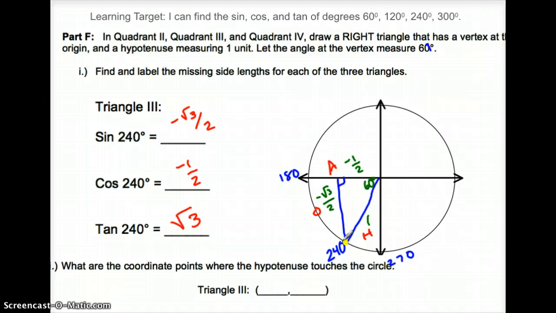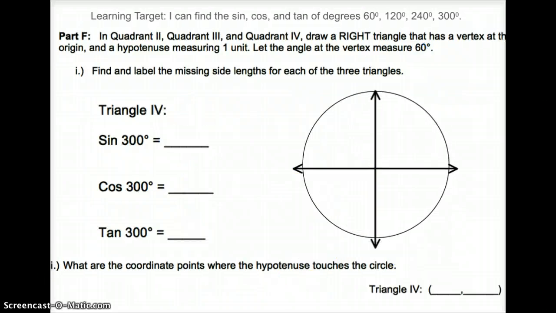So how did I get to that point where the hypotenuse hits the circle? I went back negative a half, and I went down, so negative radical 3 over 2. If you haven't noticed, the x value is the cosine value, and the y value is just the sine value. Okay, last one.